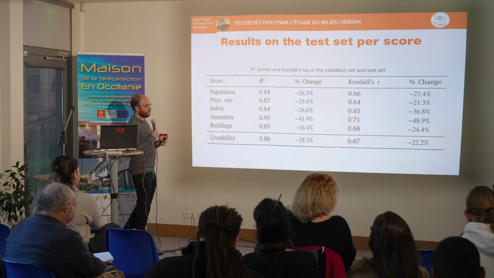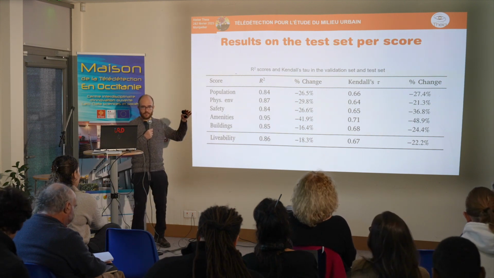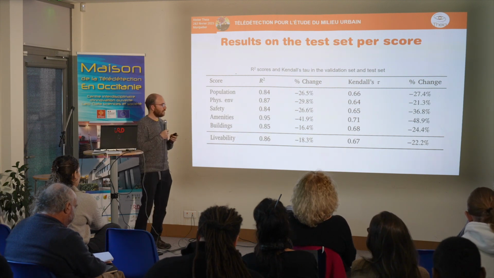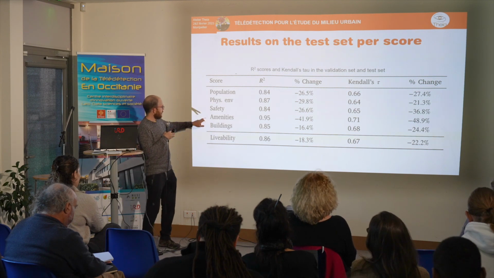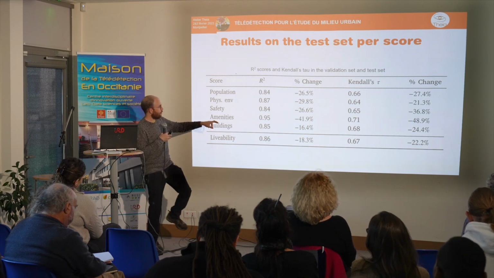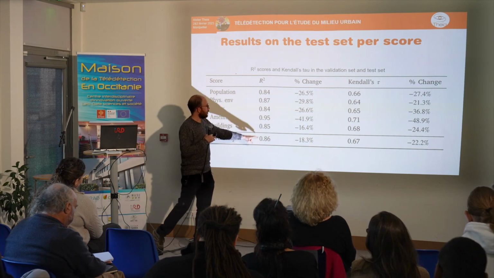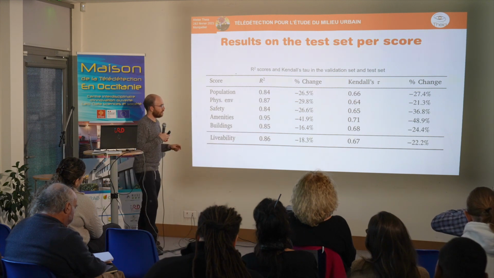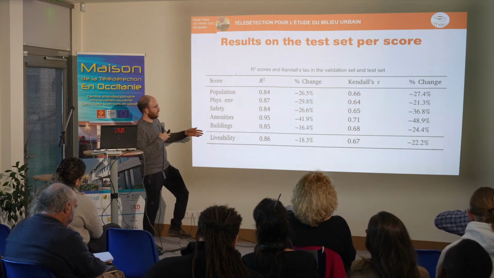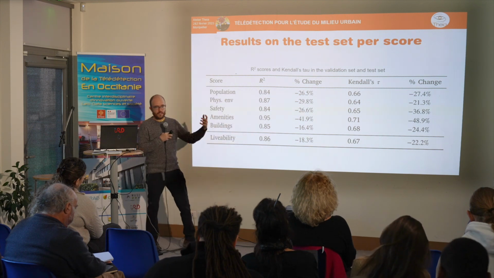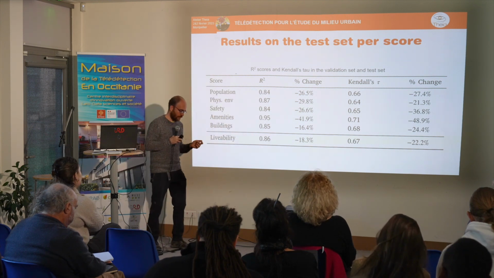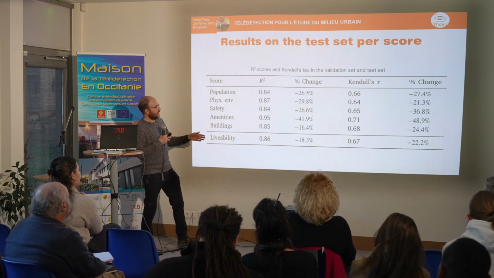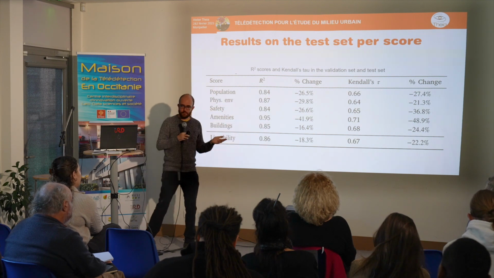Then in terms of these individual intermediate scores, what we see mostly is that, again, this amenities score stands out. If we look at the scores in terms of R-square and Kendall's tau, which is another metric of correlation, what we see is that in the validation set, which is checking the score on different patches of the same cities that the model was trained on, it basically always gets pretty high results.